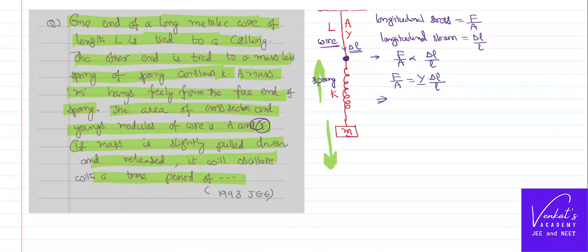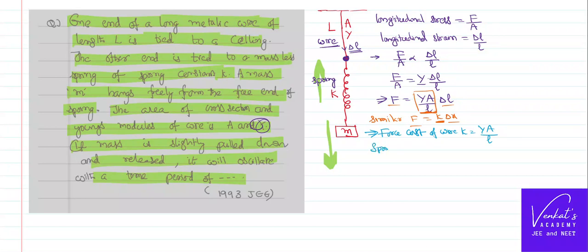This implies force can be written as YA by L into delta L. This equation is similar to F equal to K into delta X, where delta X and delta L are the same. So in place of the spring constant, we have the force constant. That implies we can say the force constant of the wire K can be written as YA by L.